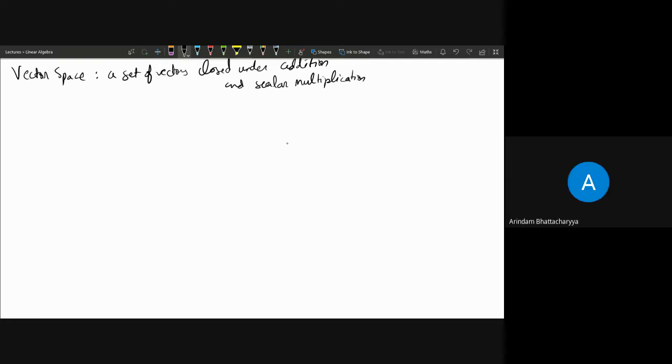All right. So a vector space is a set of vectors closed under addition and scalar multiplication. And examples. So the real line, where the vectors are real numbers and addition and scalar multiplication is defined the usual way.